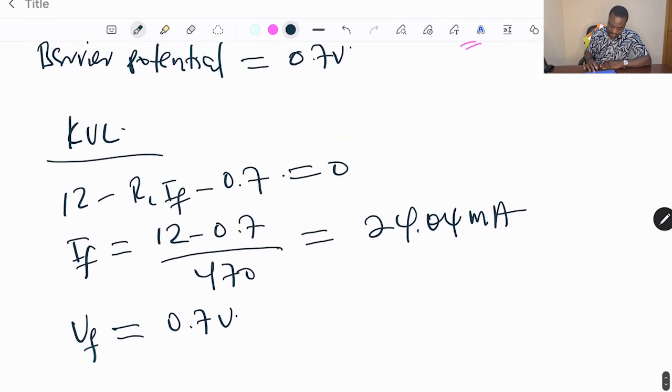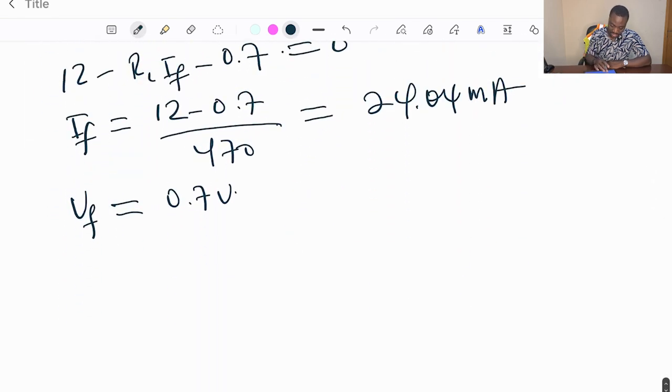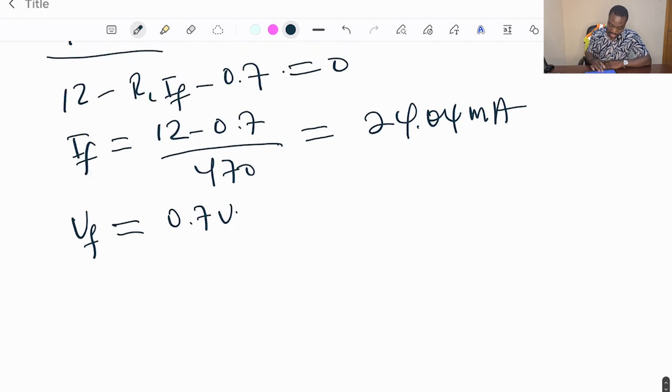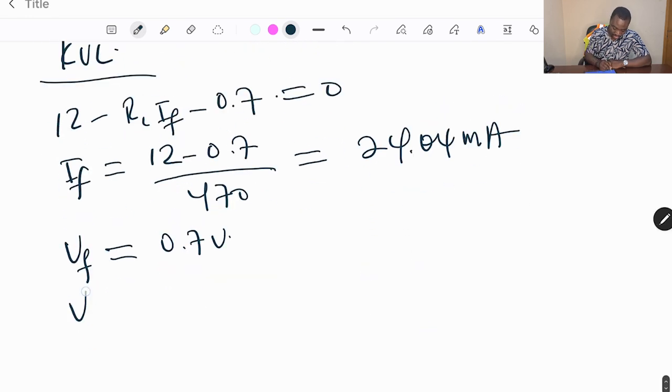And then we are now to find the voltage across the load resistor, or the load voltage. So we have load voltage equals the current that is passing through, which is the forward current, times the load resistance.